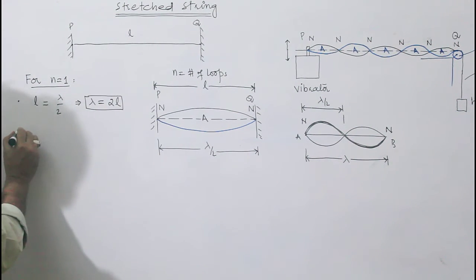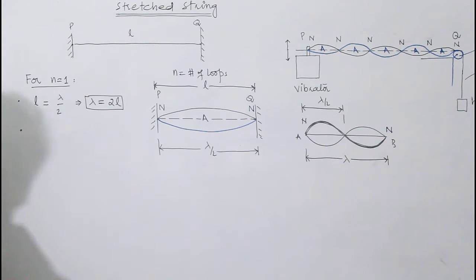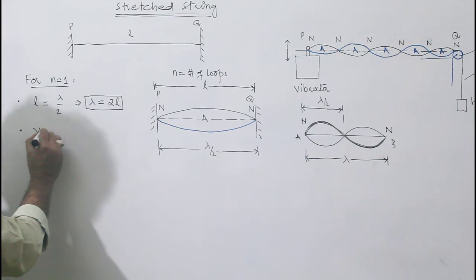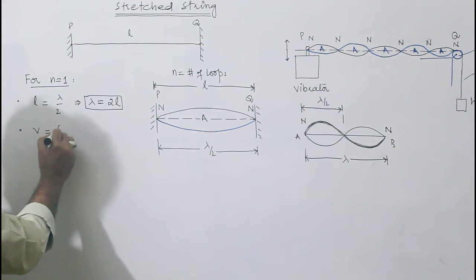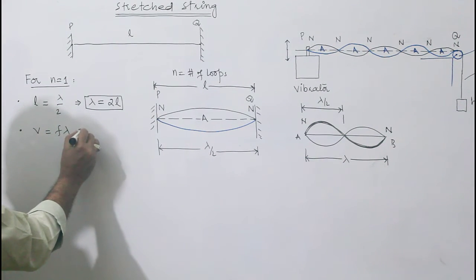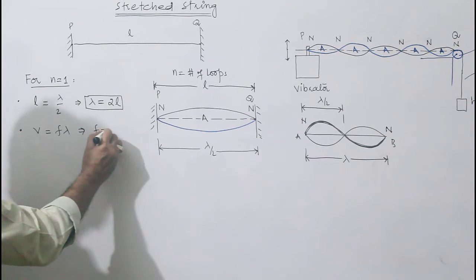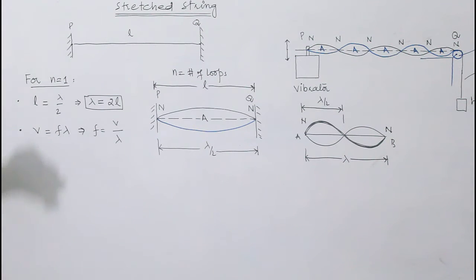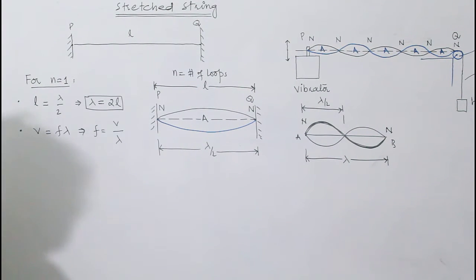Now we will find the frequency, and to calculate the frequency we will use the wave equation, V equals F lambda, so the frequency becomes V divided by lambda, where V is the speed of the wave and lambda denotes the wavelength of the wave generated here.